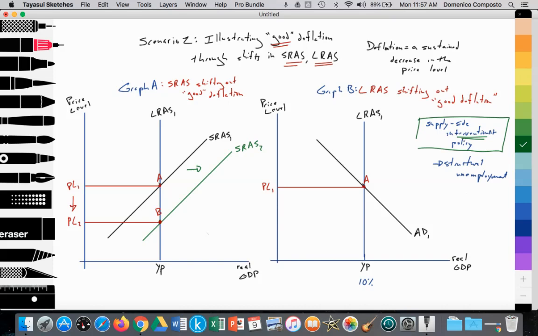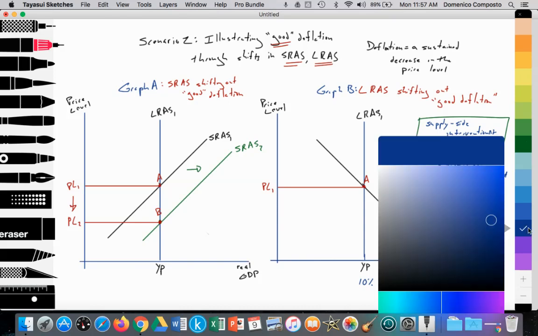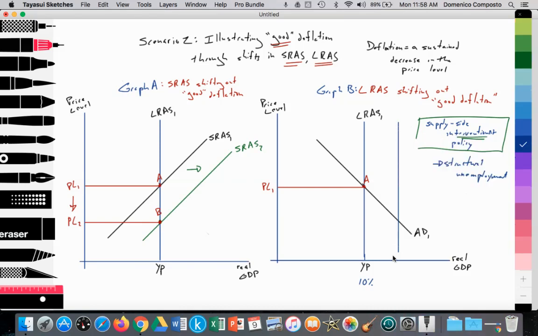And that in the long run will lead to reduced structural unemployment. So if the policy is successful, then the LRAS curve would be shifting out. Right? So we'll illustrate LRAS shifting outwards from LRAS 1 to LRAS 2.